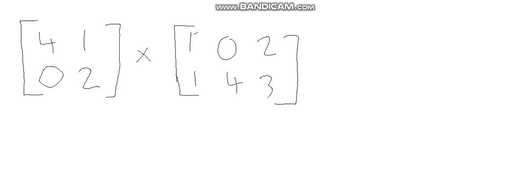And now, so we have our 2 by 2, and we have our 2 by 3, and we know that they can be multiplied because columns in the first one equal rows in the second one.